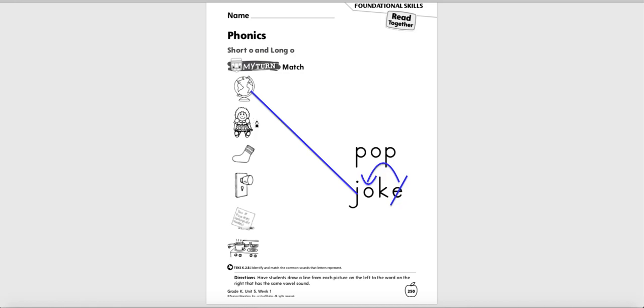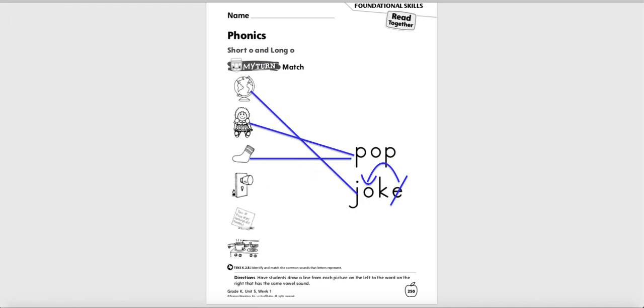Doll. D, all. Does doll have the same vowel sound as pop or joke? Pop. Let's look at the next picture. Sock. Does sock have the same vowel sound as pop or joke? Sock, pop. They both have the short O sound. Good job.